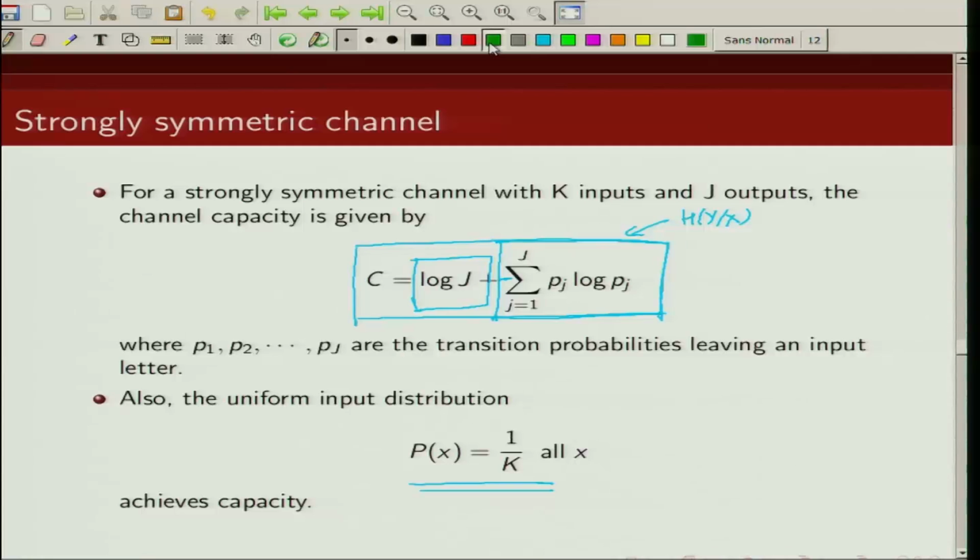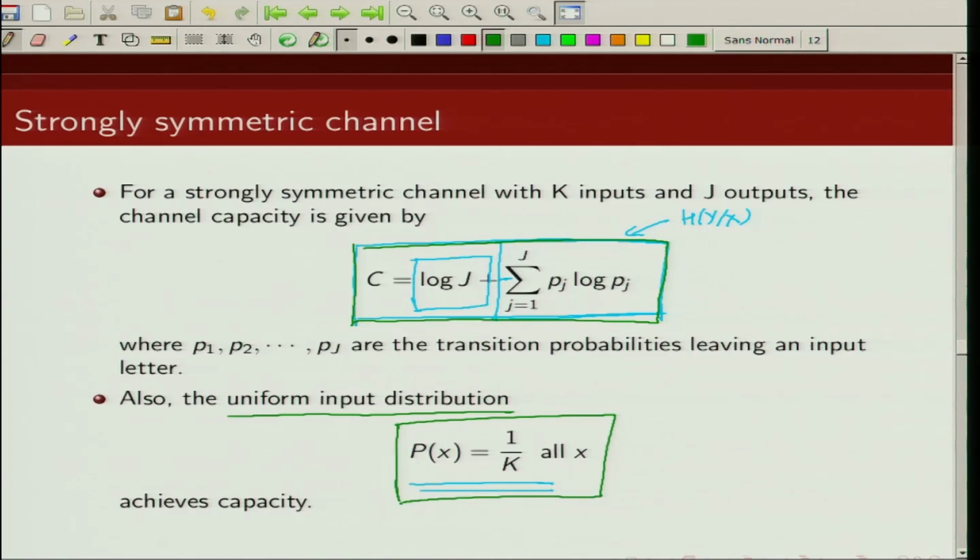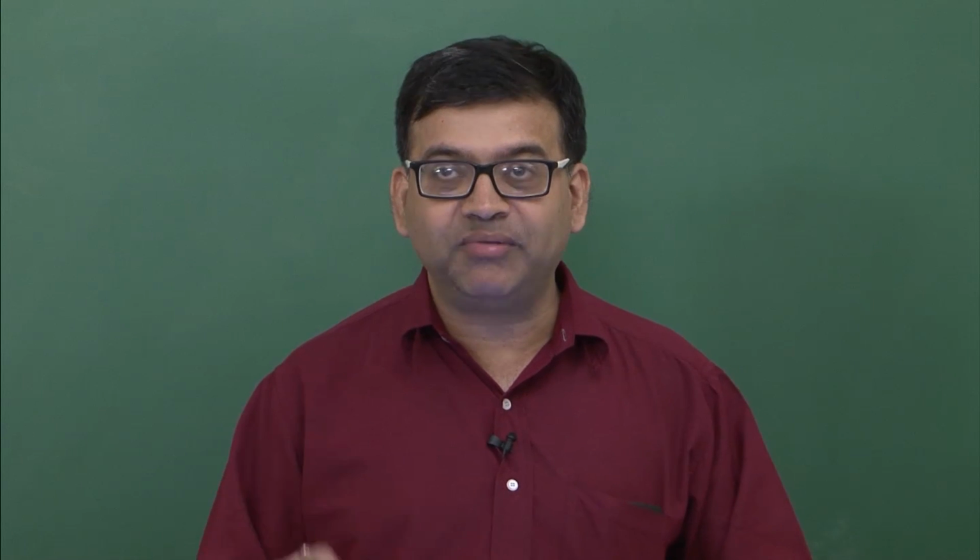So the distribution that achieves capacity for a strongly symmetric channel is the uniform input distribution. If P(x) is 1/K for all x, then that will achieve capacity for a strongly symmetric channel.